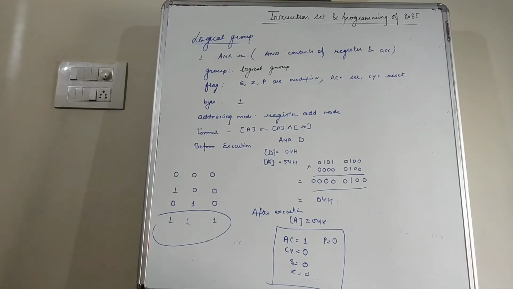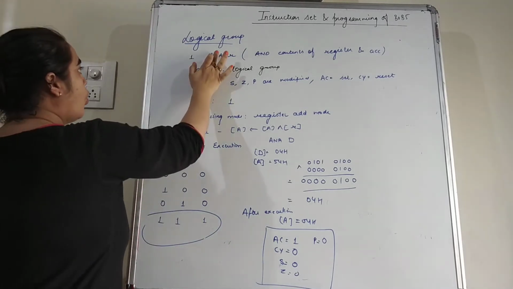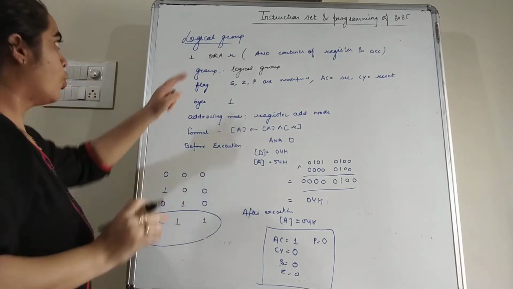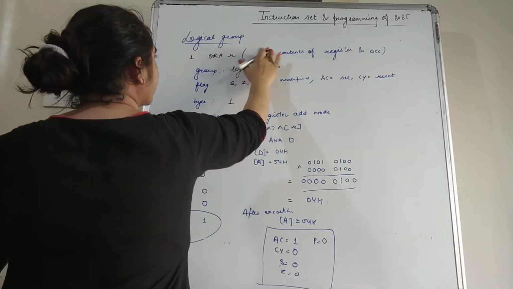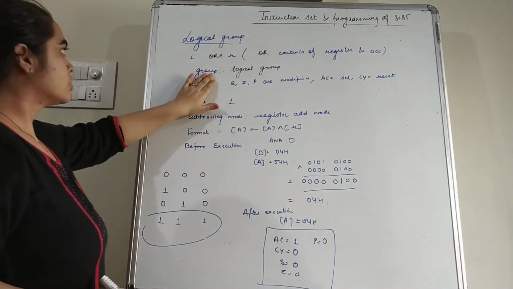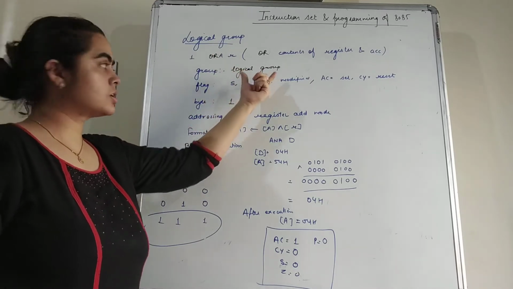Next instruction we have is ORA R. ORA R means OR the contents of the register with the contents of the accumulator. The group under which this instruction comes is the logical group.